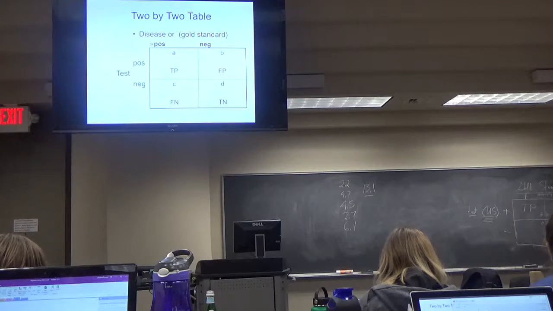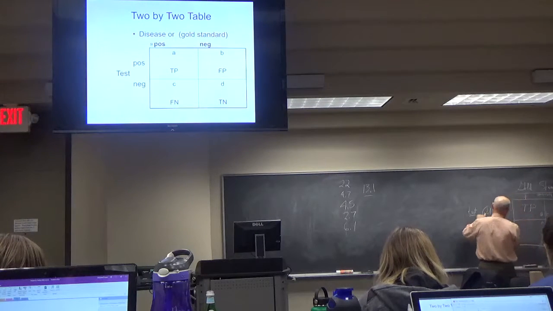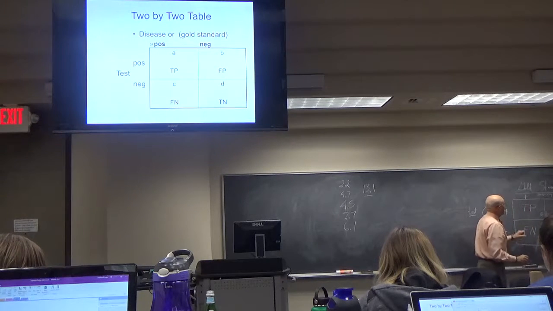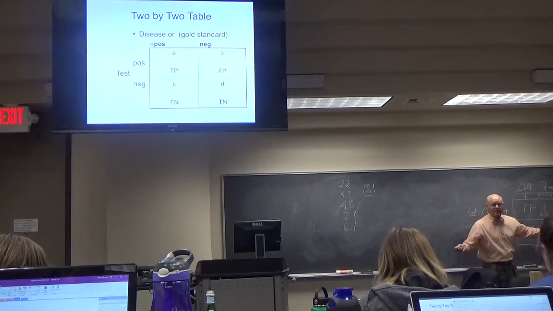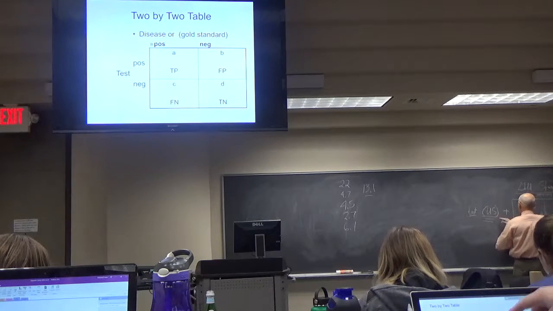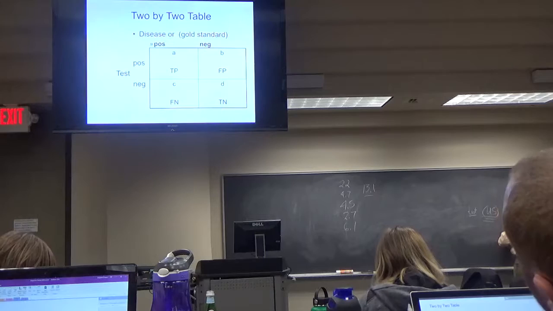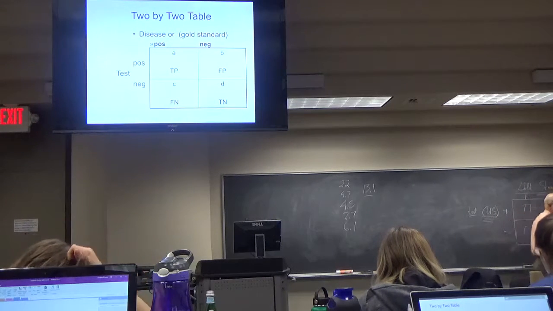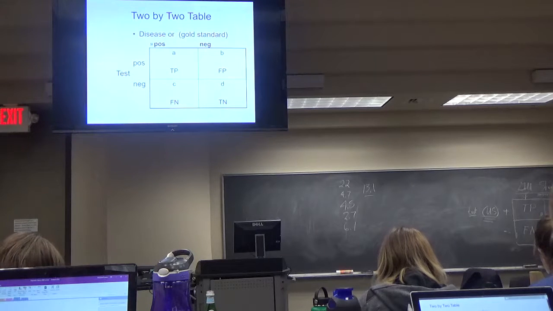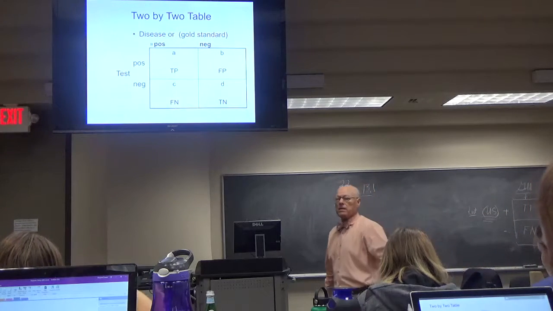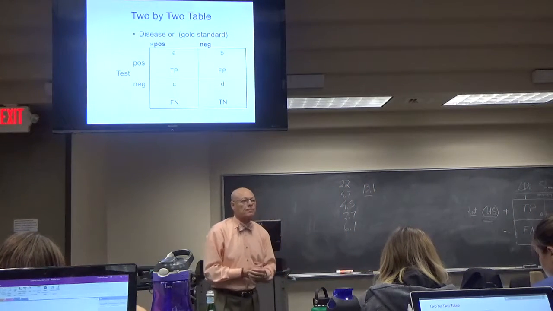If the disease was present, but the test we're interested in was negative, it's a false negative. The gold standard is as if we got a phone call from God, right? And if the test we're interested in is negative and the disease is not present, it's a true negative. These are definitions, ways to think about the gold standard as equivalent to the disease and the test that we're trying to study, okay?